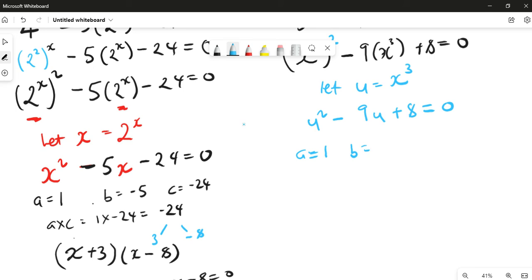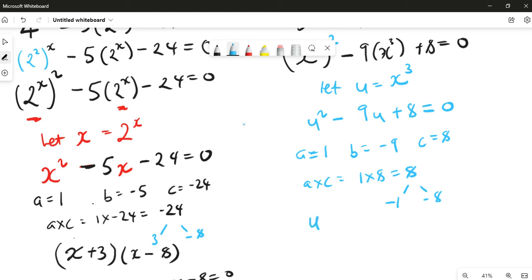B is the coefficient of u, which is negative 9. C equals 8. So a times c equals 1 times 8, which gives us 8. I'll find two factors of 8 that when you multiply them, they give you positive 8, and when you add them, they give you negative 9. So those two factors are negative 1 and negative 8.